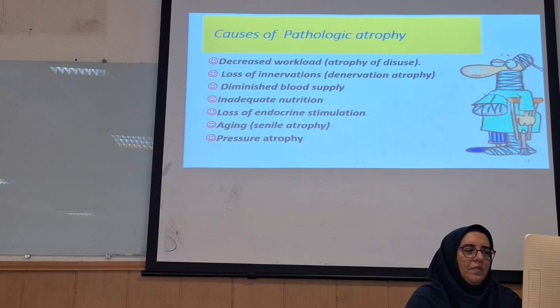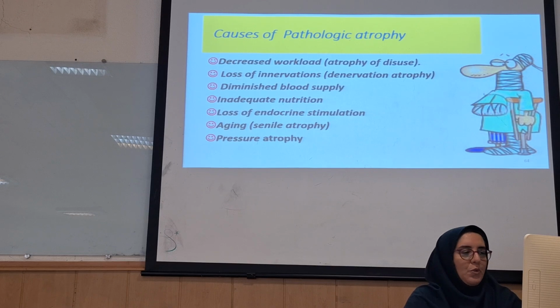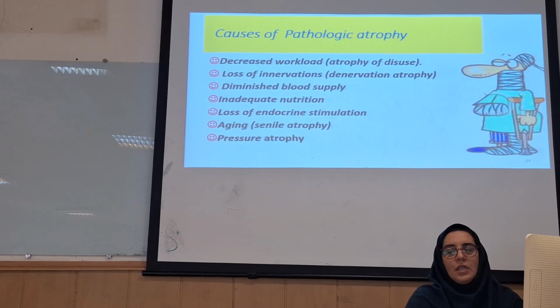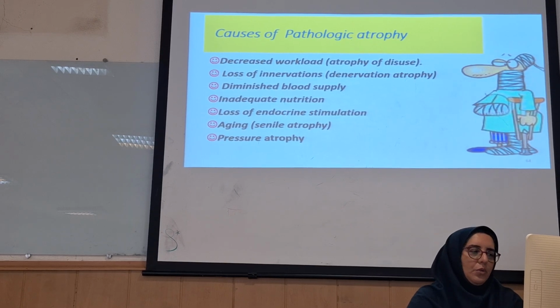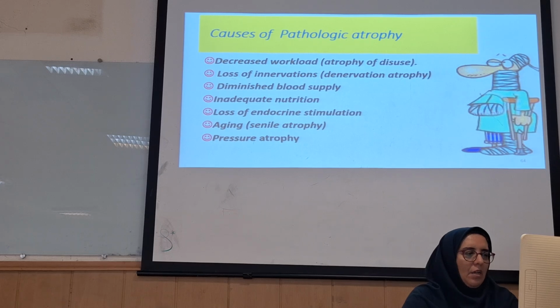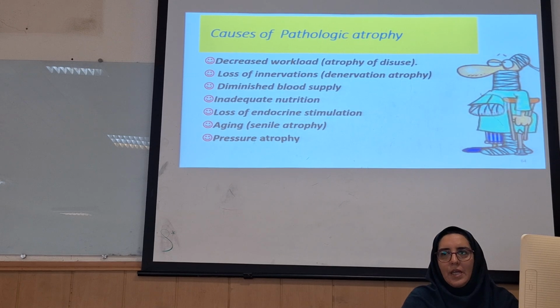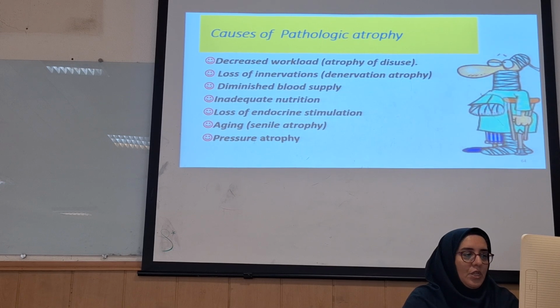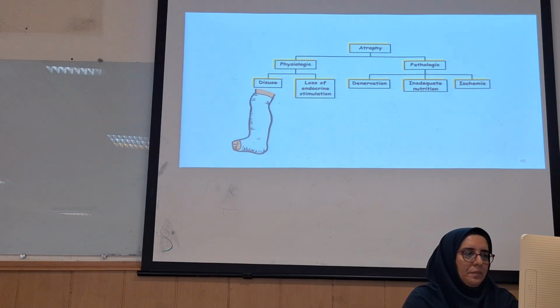When we have loss of nerve in the tissue, we have denervation atrophy. Diminished blood supply is not enough for necrosis, but atrophy occurs. Inadequate nutrition, weight loss, loss of endocrine stimulation, aging, senile atrophy, and pressure atrophy.